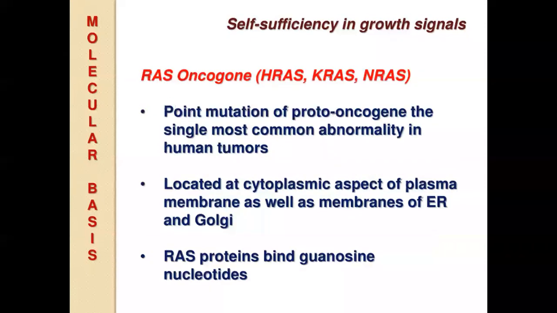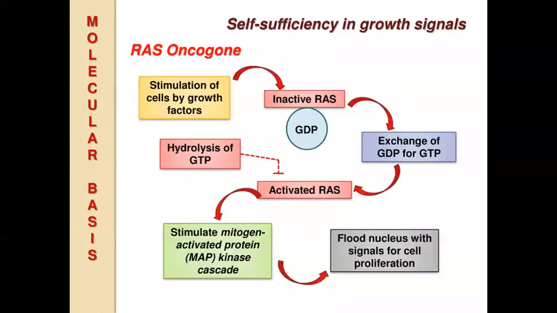The RAS oncogene: these are point mutations of the proto-oncogenes, the single most common abnormality in human tumors, located at the cytoplasmic aspect of the plasma membrane as well as the membranes of the ER and Golgi apparatus. The RAS proteins bind guanosine nucleotides. So this is the RAS oncogene.